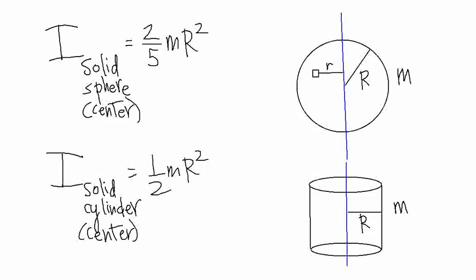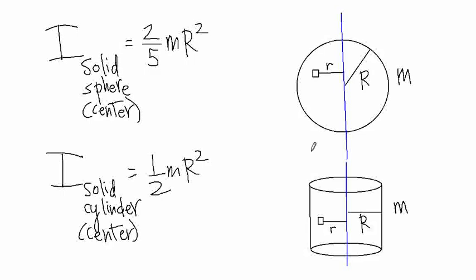Now once again, if it's not clear where this formula came from, to find the formula for a cylinder, you would have to add up the mass of all the little pieces that make up the cylinder and their corresponding distances from the axis of rotation. So if you know what an integral is from calculus, you would likely need an integral to calculate it for the object that you're interested in.